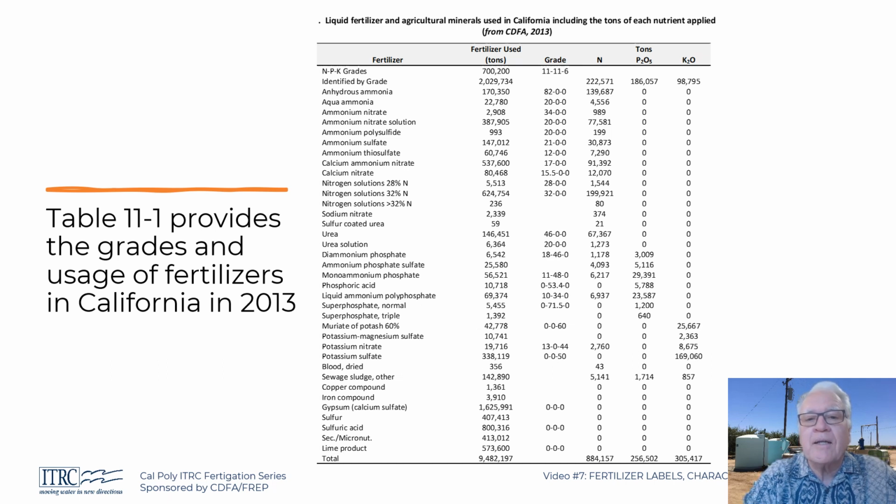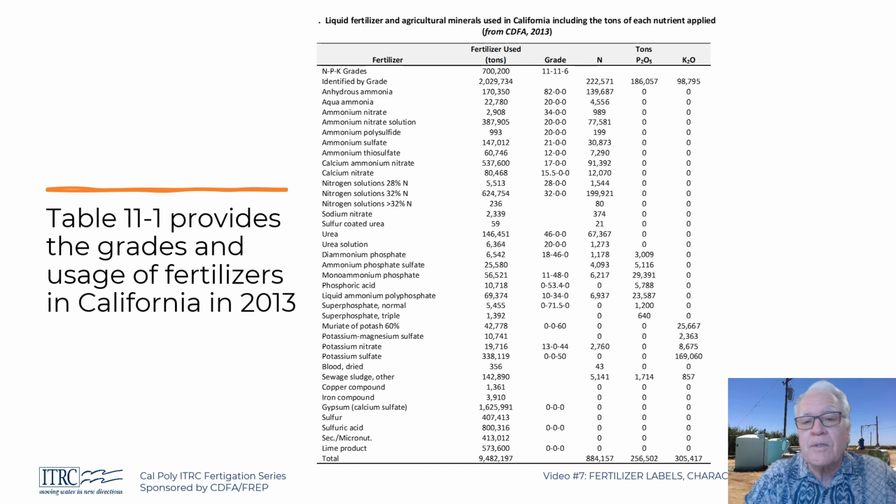If you scan down there, you see numbers of, let's see, that's 2 million, and then there's anhydrous ammonia, that's 170,000. That's a pretty big number. And then you have other numbers that are kind of small, like ammonium nitrate. That's not a big number there. And then you have ammonium nitrate solution.